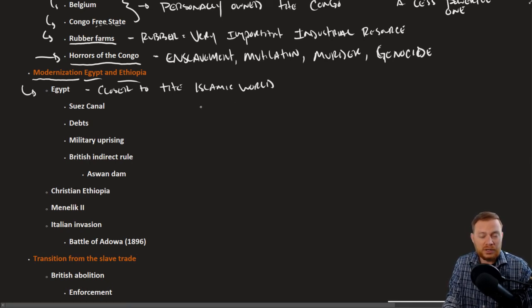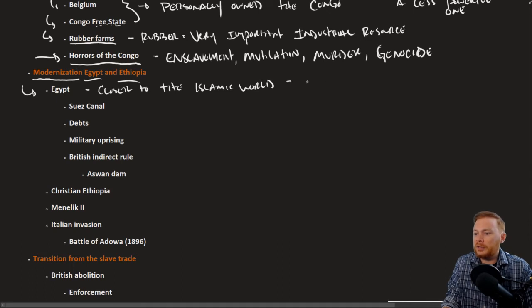We can include Western Africa in here as well, right? Empires like the Sokoto Caliphate. But, in terms of trade and in terms of cultural contacts, Egypt is part of the Mediterranean world in a lot of ways. Egypt itself had experienced a few setbacks in the aftermath of Napoleon's invasion.